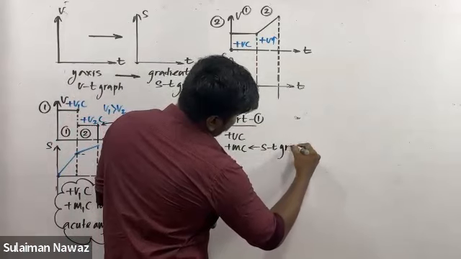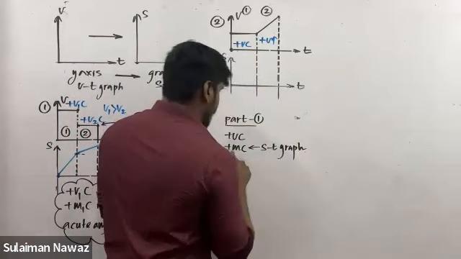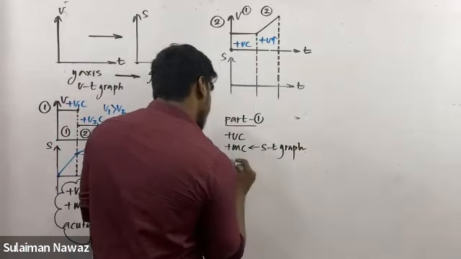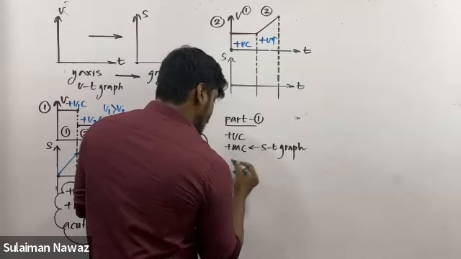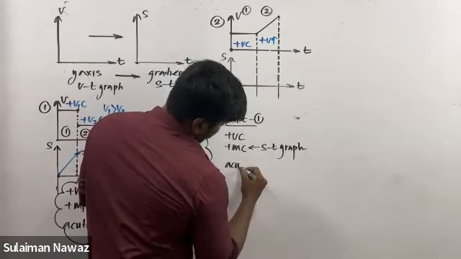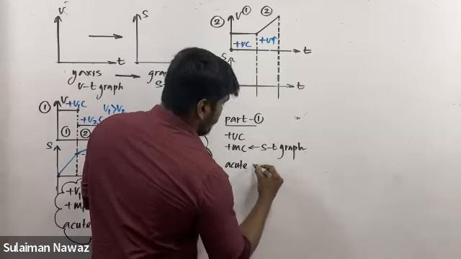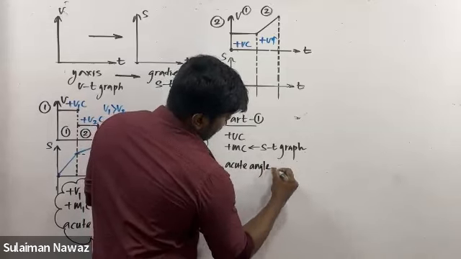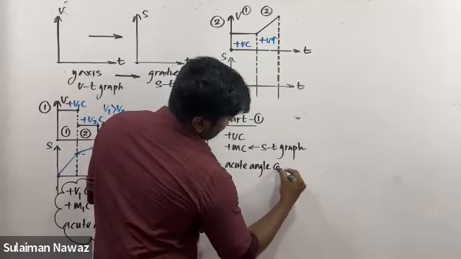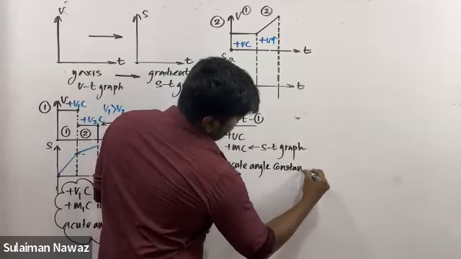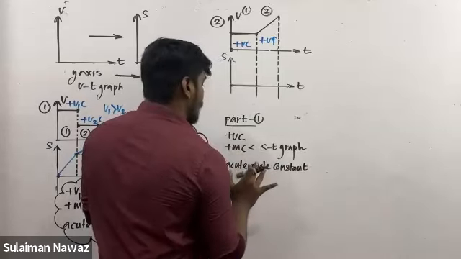Positive gradient constant means acute angle constant.